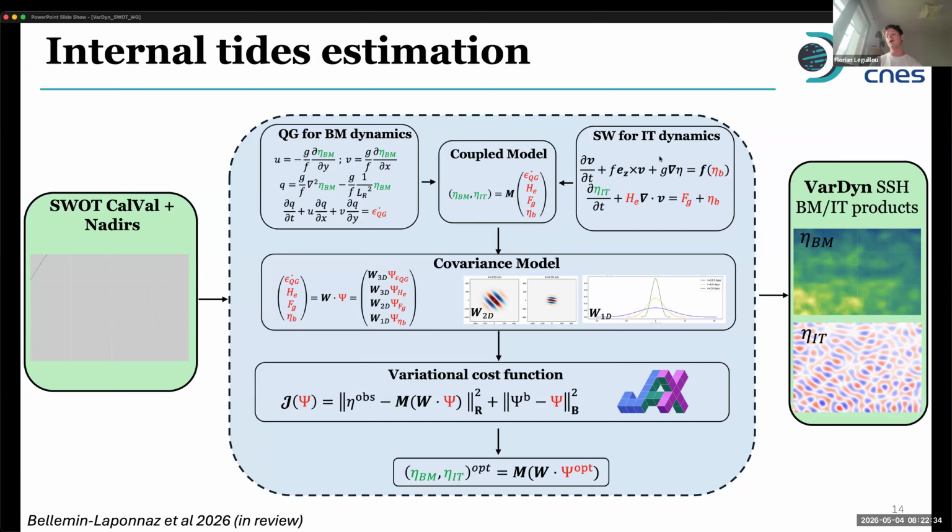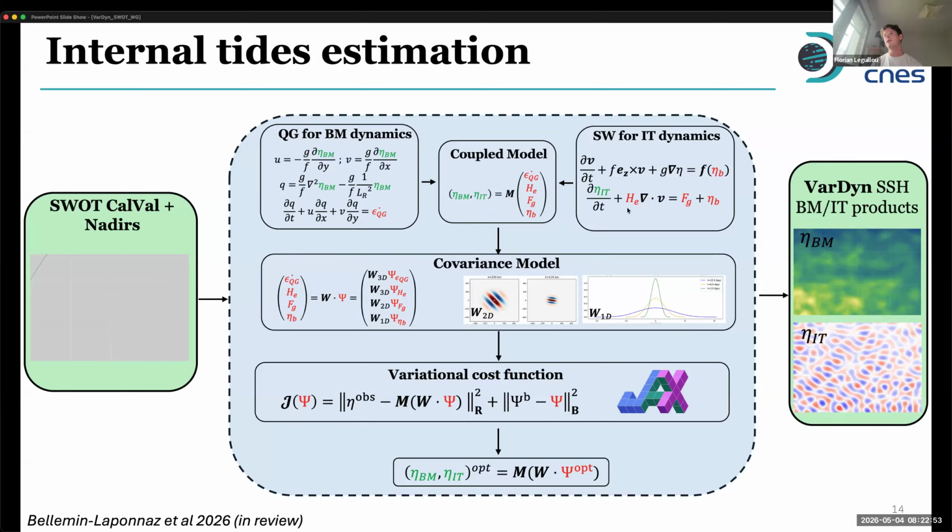But the strategy is to use specific forcing to really replicate the internal tide dynamics. These forcings are the open boundary conditions, eta b here. We have a generation term inside the domain.